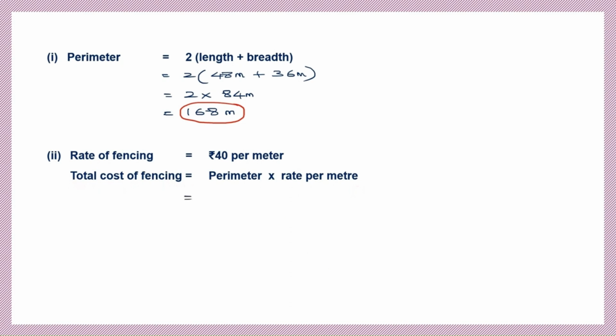And perimeter we know is 168 meters into rate per meter is rupees 40 per meter. So we just have to multiply 168 into 40. And that is equal to rupees, since we are finding the cost, rupees 6,720. So 6,720 rupees is the total cost of fencing at the rate of 40 rupees per meter.